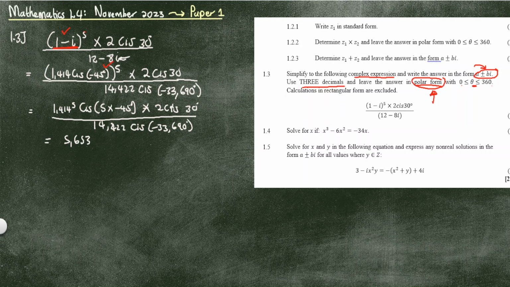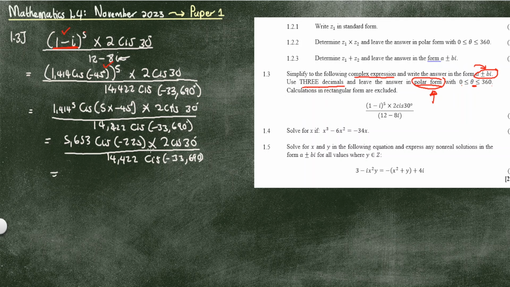And then what is 5 times 45? I'm getting minus 225. So here it's going to be 5.653 cis minus 225 multiplied by 2 cis 30 degrees over 14.422 cis minus 33.690.